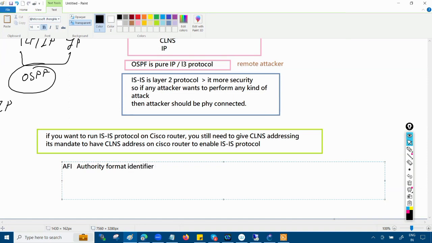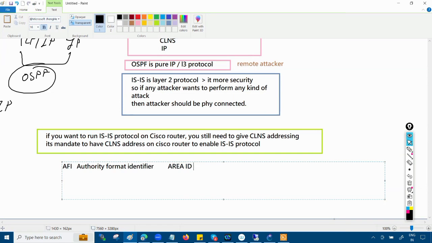That's the first value, AFI. The second value is the area ID, same as your OSPF area ID, nothing is different.